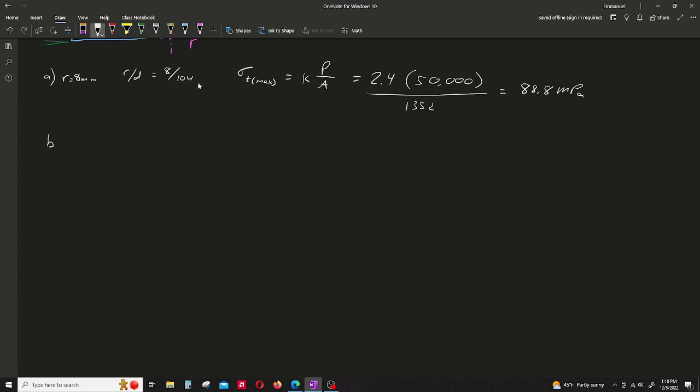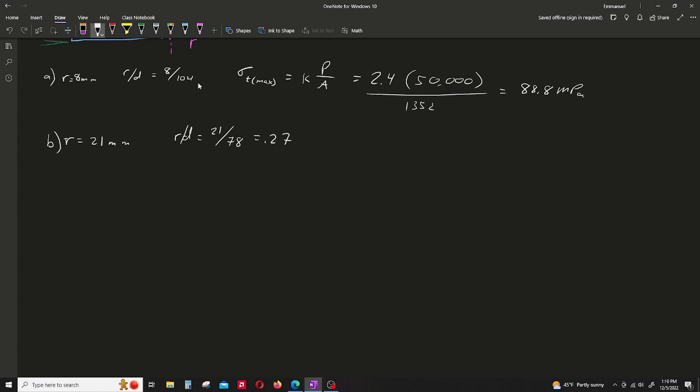So B now has an R value of 21. So therefore the R over D is now 21 by 78, which gives us a 0.27 R over D value.